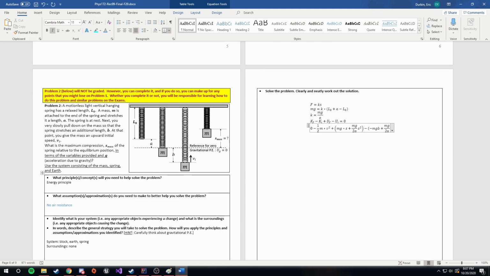It would be mass, gravity, height, and height is negative. So yeah, that makes sense. Yeah, because you're below equilibrium, so it's negative. So at phase 4, gravitational potential energy, since it's above equilibrium, would be mgs.